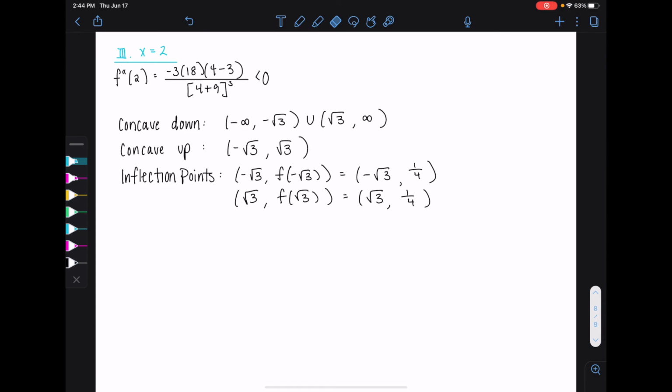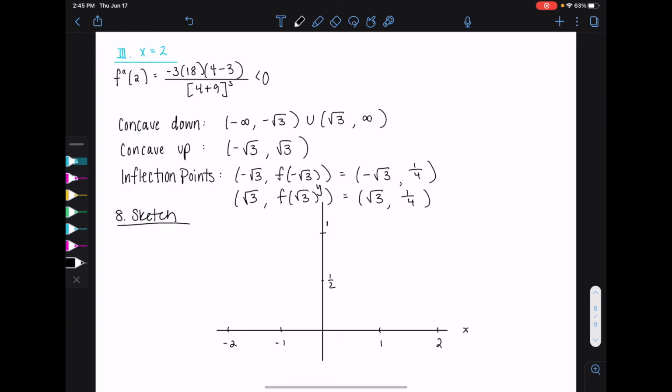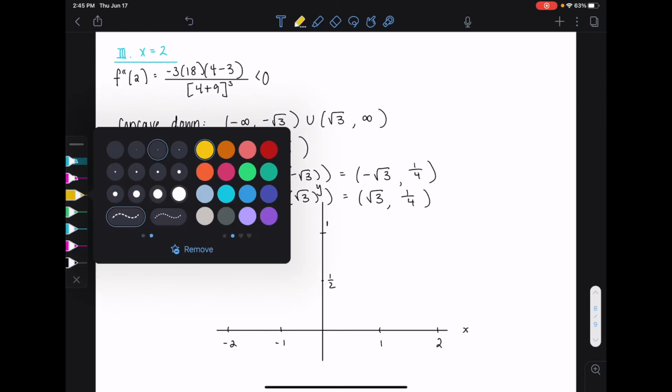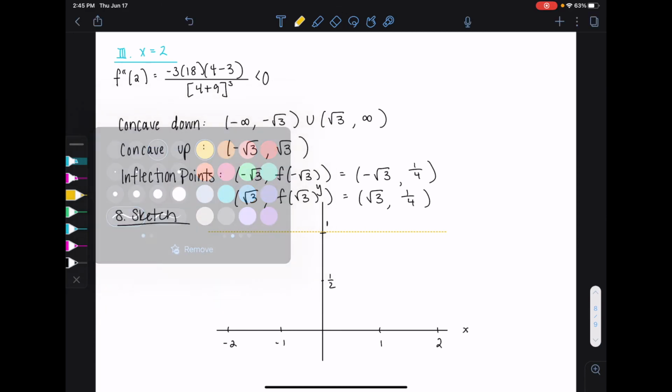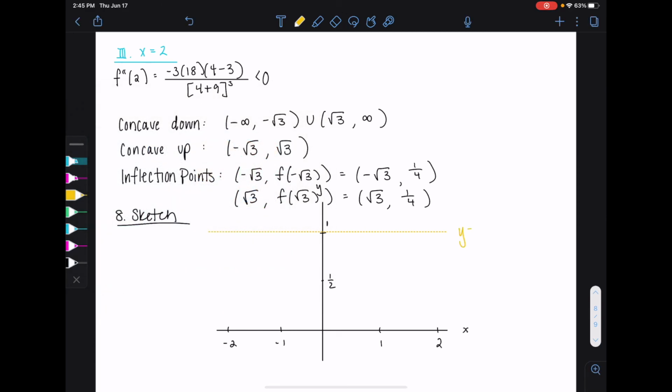So now we can go ahead and we can sketch the graph of our function. Doing the best we can. We figured out y equals 1 is a horizontal asymptote, and we are going to hug this on both sides because we got that symmetry.